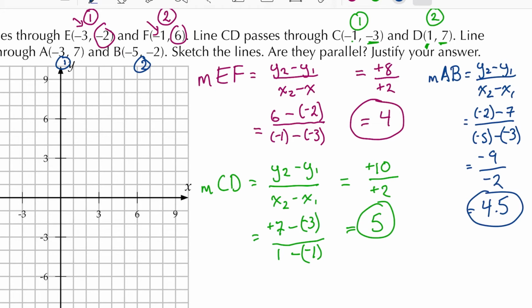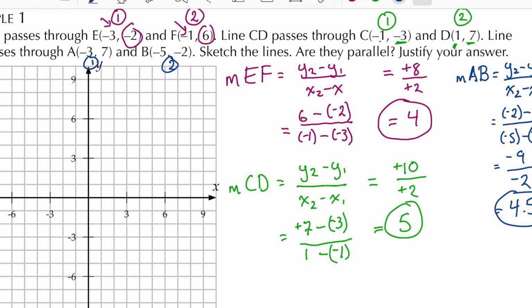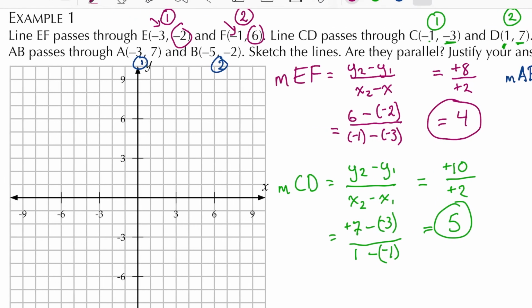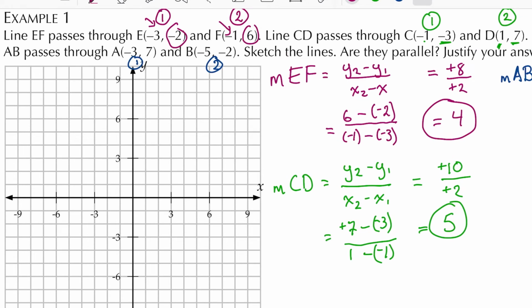None of these are parallel. Now let's sketch them out just to make sure. Line EF, I did in this pink color. Negative 3, negative 2, so there, up to negative 1 and 6 right there. That's line EF.